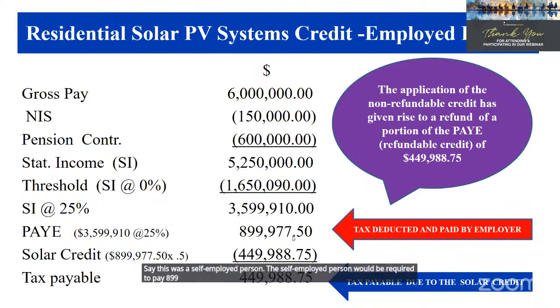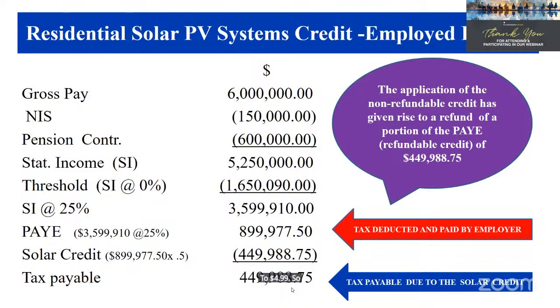He would not end up paying the $8.99 because the credit would reduce the amount that he actually pays over to TAJ to $4.99. So he would not be getting a refund. He gets to take the credit upfront against his liability, so he would not have to pay the full tax payable.